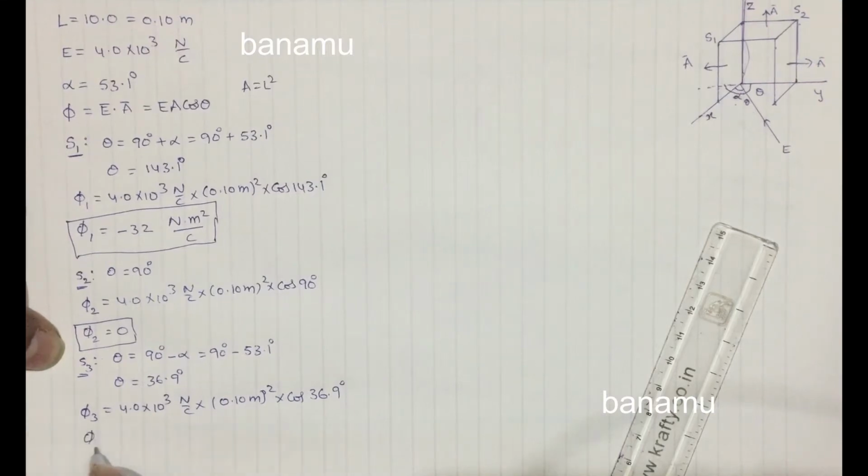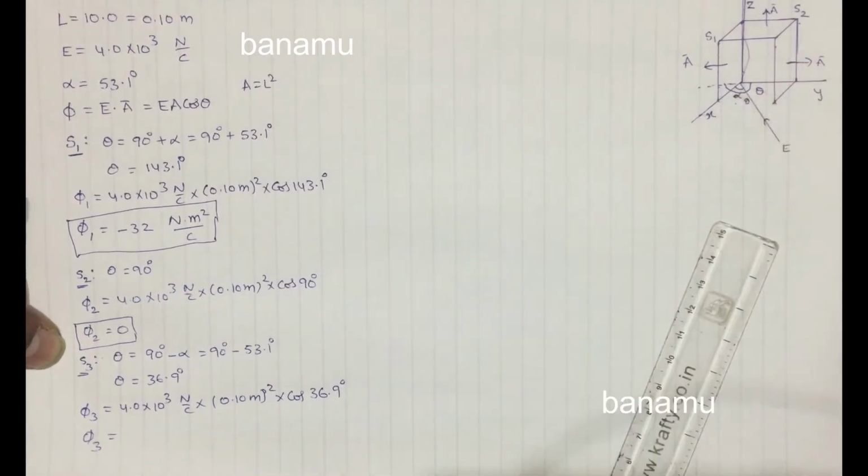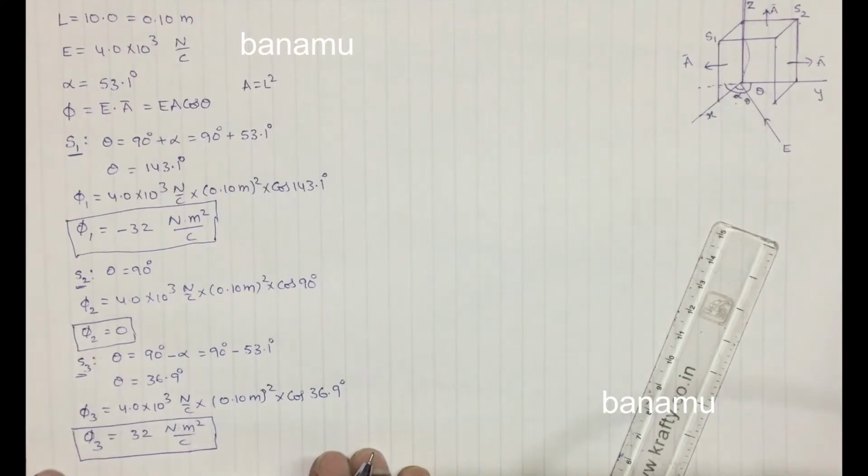So the electric flux at the surface S3, phi 3, is equal to 32 Newton meter square per coulomb. This is the electric flux at the surface S3.